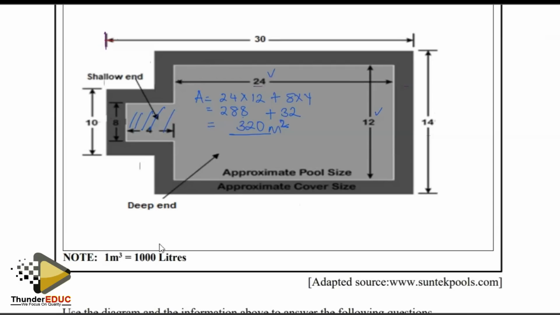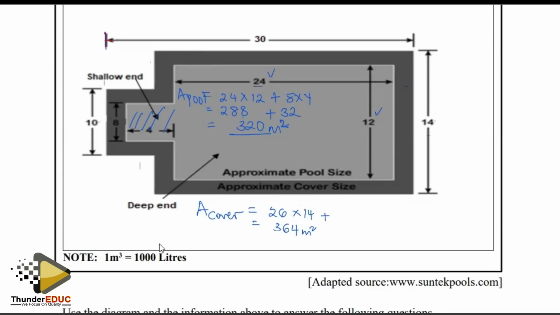Then let's look at the area of the cover. Area of the cover. So the area of the cover will be, remember the cover has a little bit a bigger distance. So it's 26 times 14. So we have it as 346 meters squared.